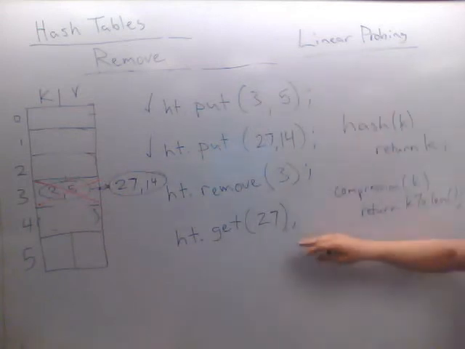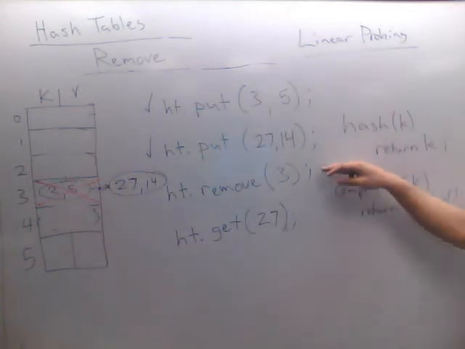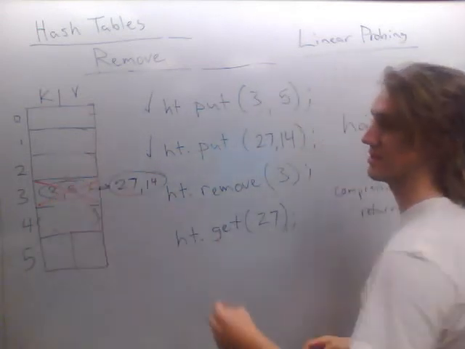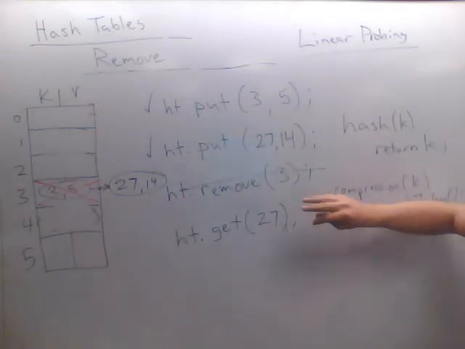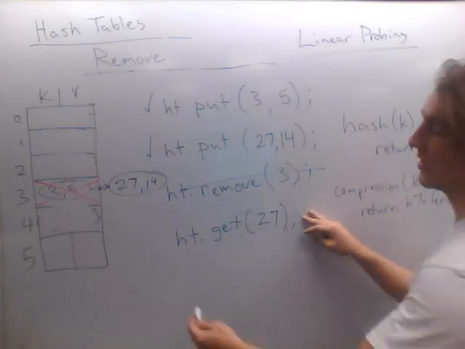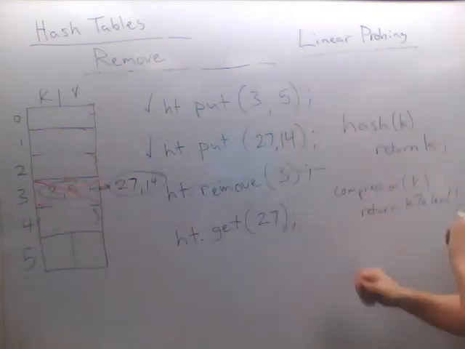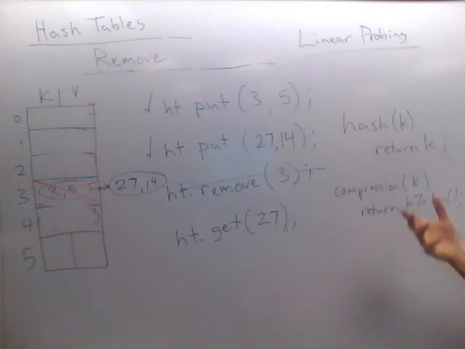So now when I say remove, I can actually take this out of the linked list and I don't have to worry about it. If we don't remove it, then when I go to find it, I have to iterate through the entire linked list until I find it or until I realize it's not there.